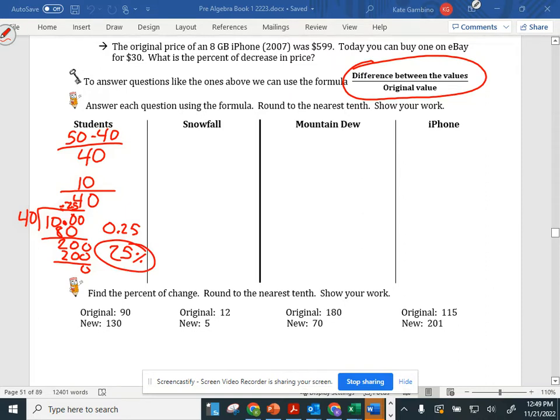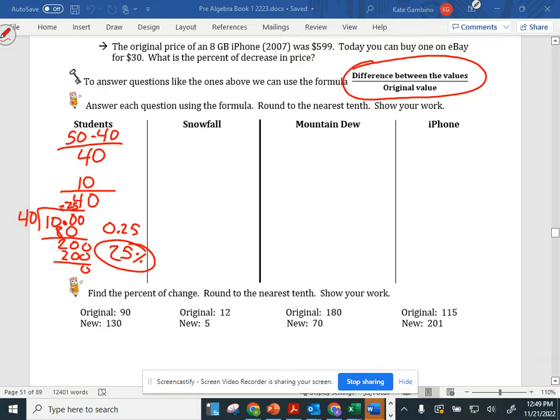Okay, so we have to do the formula, subtract the two numbers, divide it by the original value. So if we look at our snowfall, the total snowfall in winter of last year was 47 inches. This year it was 28 inches. So what do I want to write in the numerator spot? What equation am I going to write?